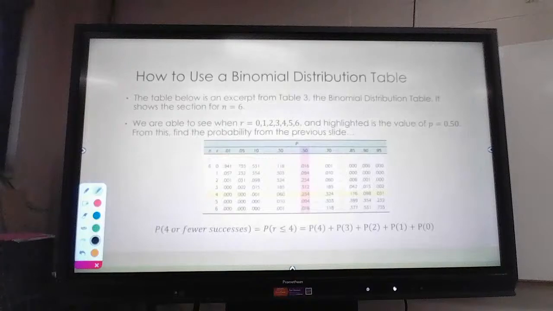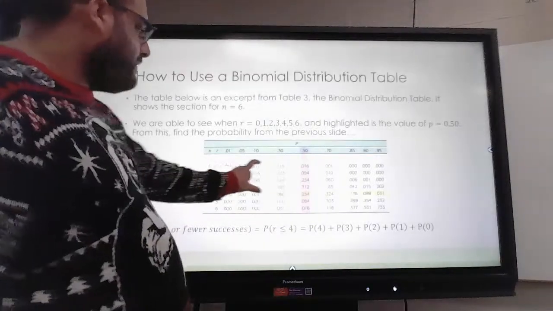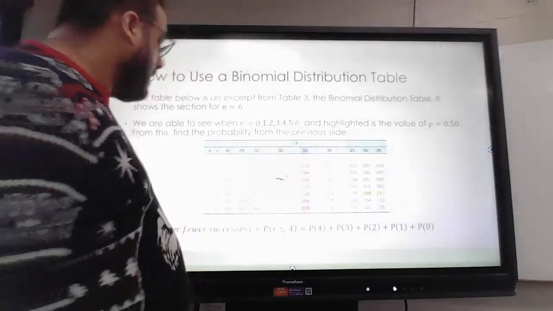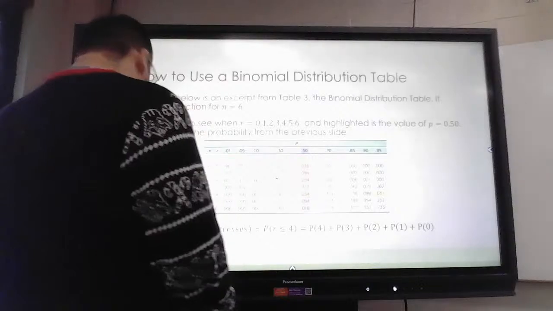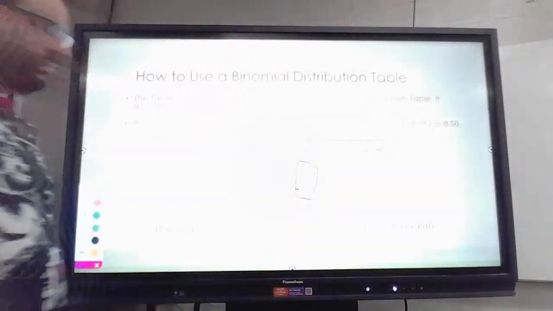So I want to know 4 or fewer successes. So if I want to know 4 or fewer successes, then I take all 5 of these probabilities here, and I just add them up.